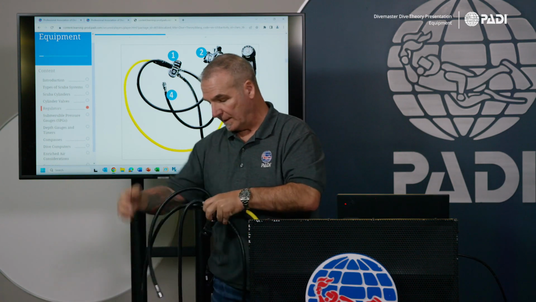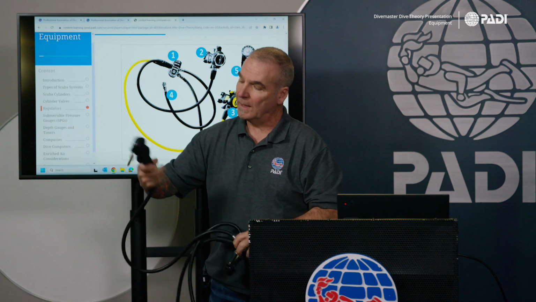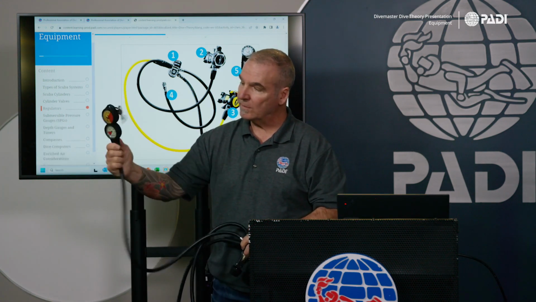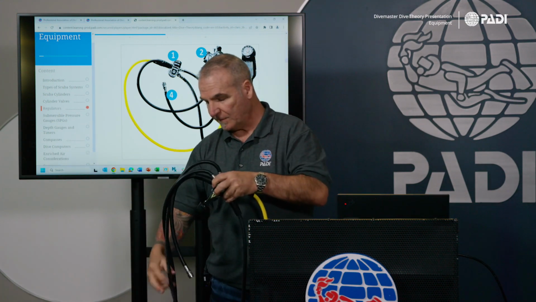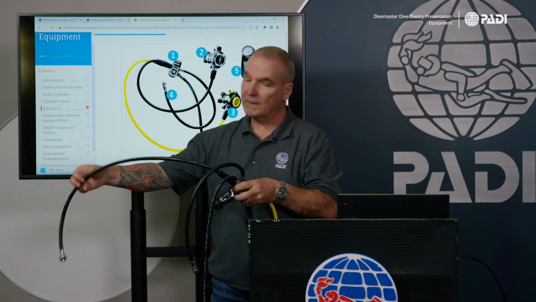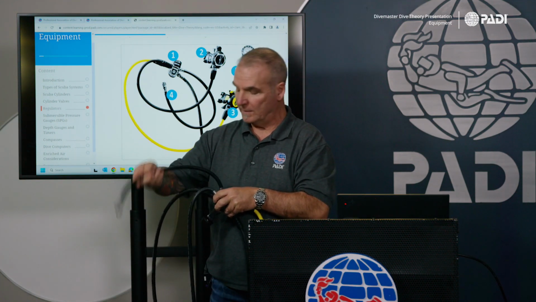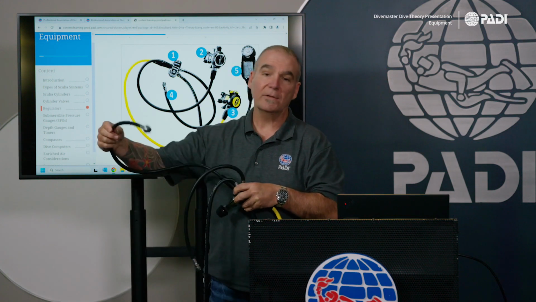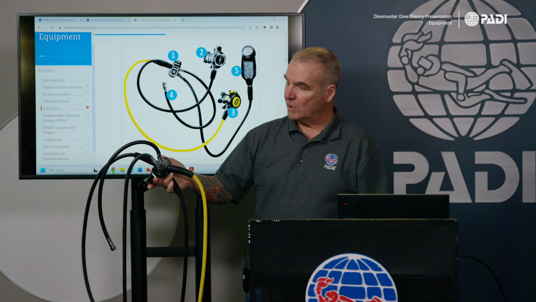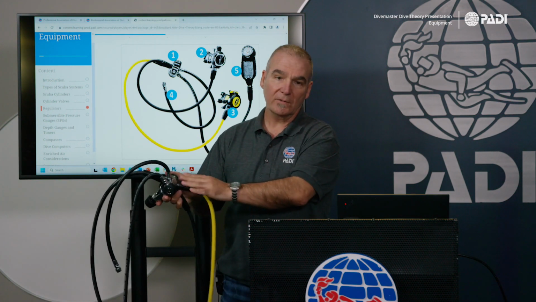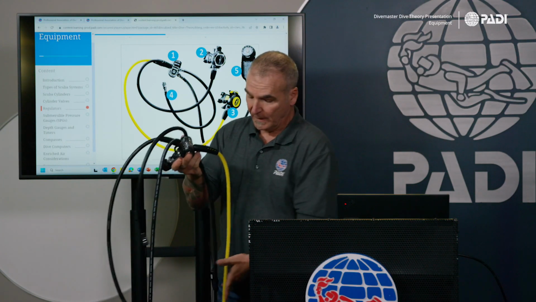Then we have the high pressure hose that's connected to your pressure gauge for your tank and also the depth gauge that you have on here. And a different low pressure hose that you can be using for your low pressure inflator in this case, or even a dry suit, right? This is the type of regulator you want to show. And then we can discuss more in depth what type of regulator that is as well.